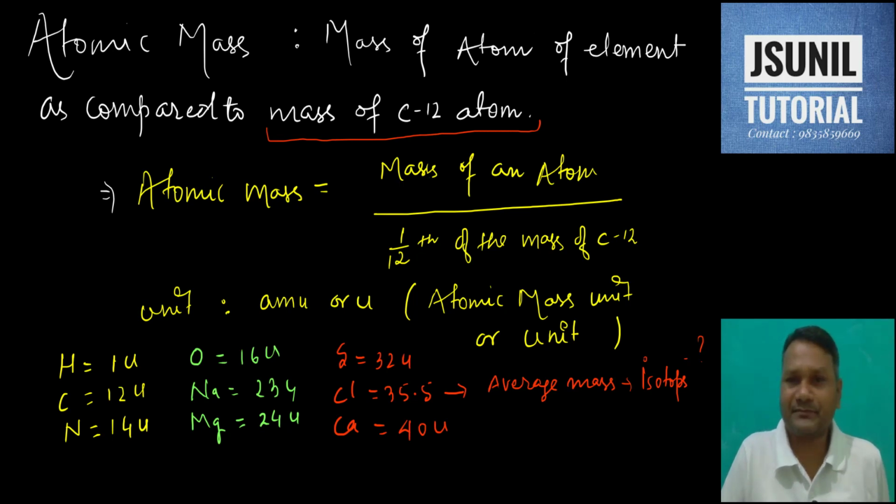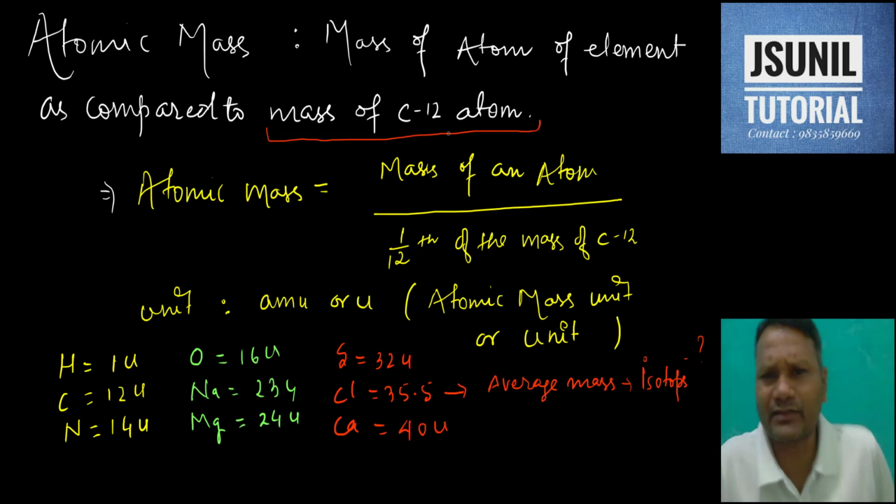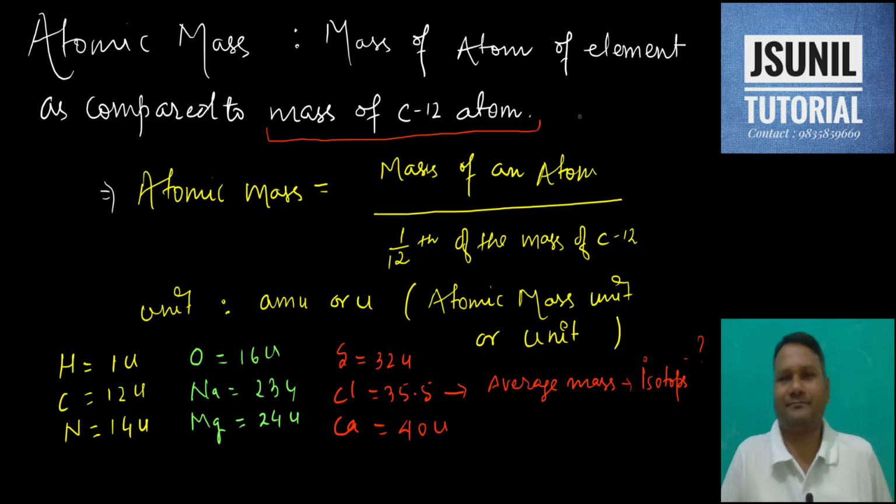One sample of carbon is of 12 gram, and these are the isotopes. We will further discuss isotopes. Then the mass of the carbon is taken as 12 gram, and 1 unit is 1 by 12 of the C-12 atom.